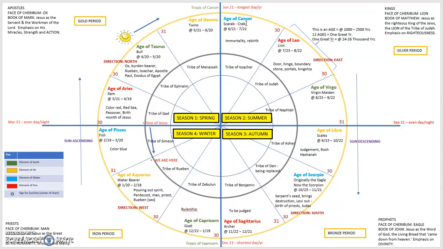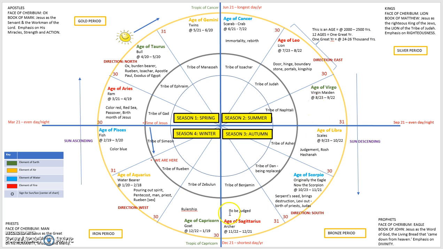Now notice on the zodiacs I put the age of Cancer, the age of Leo, the age of Virgo. And the reason why is that each one of these sections is an age. And an age is approximately 2,000 years to 2,500 years in time.